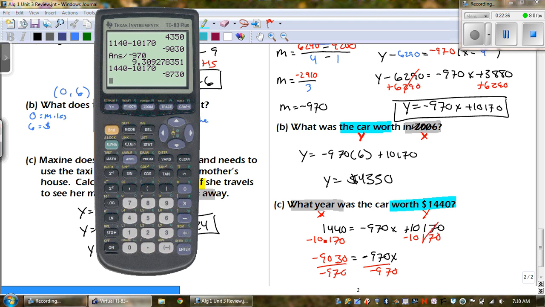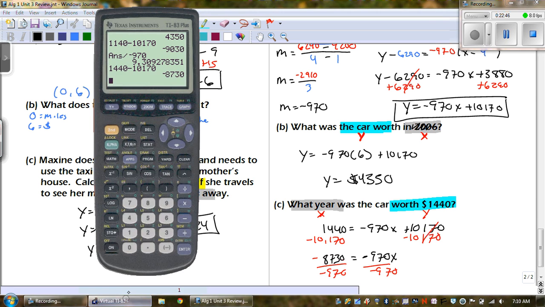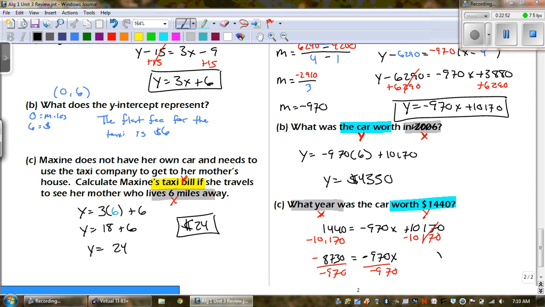That should have been negative 8730. Okay, now let's divide that by negative 970. And we get 9. And remember, it's not just year 9, it's 2009.